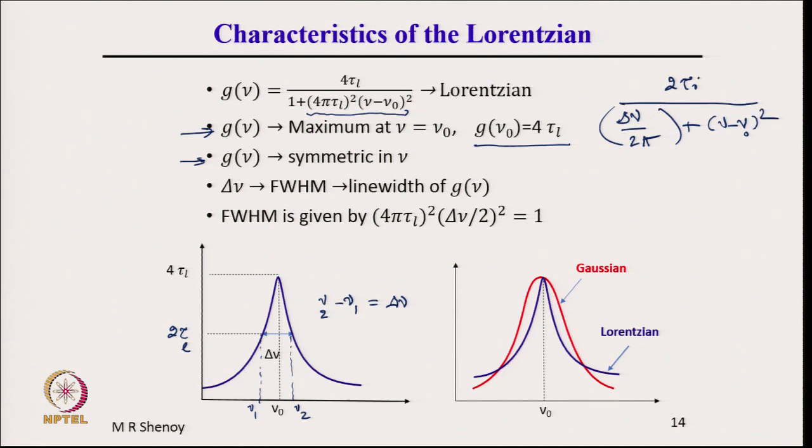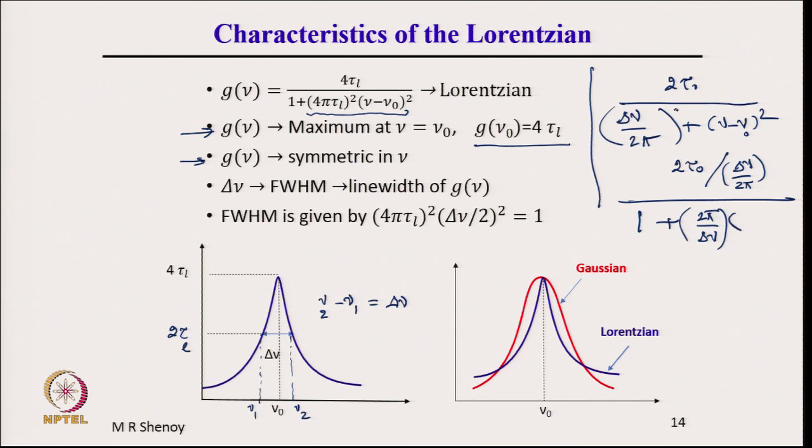So, what you should do first is put this in this form, that is, divide by this throughout. This is just an example. If you divide, then you have twice tau 0 divided by delta nu by 2 pi, and in the denominator we will have 1 plus some number, that is 2 pi by delta nu, whose square, dimensionally, into nu minus nu 0 the whole square.